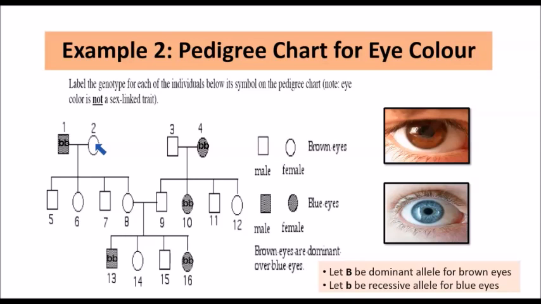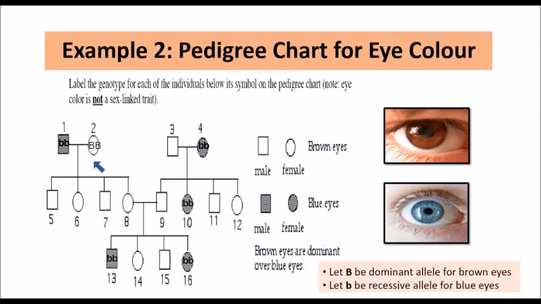So is it possible for this mother to be homozygous dominant, or is she heterozygous? So in order for all of these children, not one of the children having blue eyes, it would make sense for this mother to be homozygous dominant, since all of her children have brown eyes. So number 2, the mother, would have to be homozygous dominant.